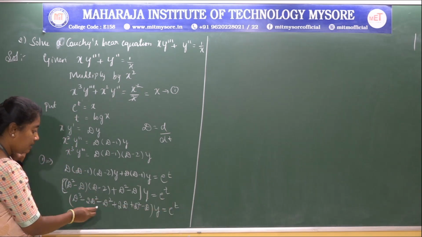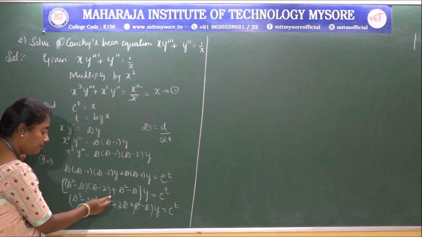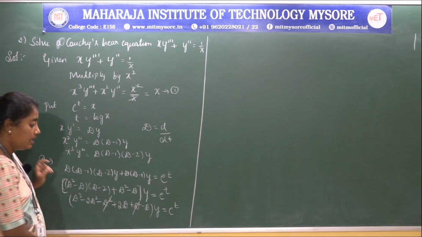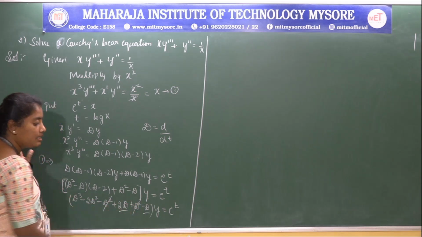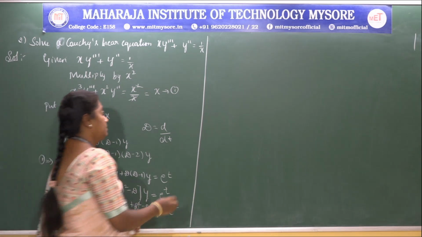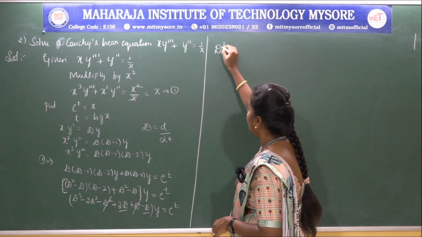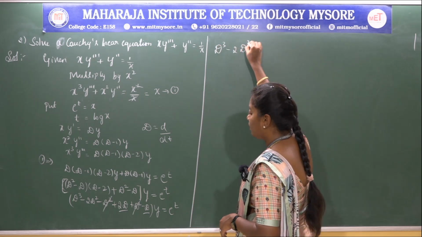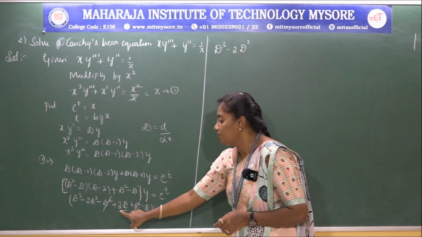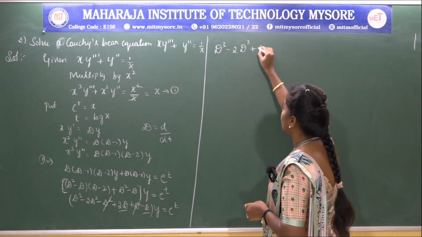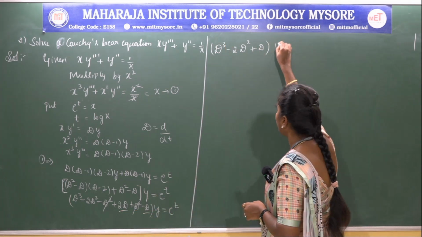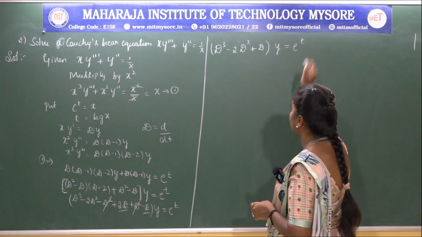The plus D square and minus D square get cancelled, and 2D minus D is equal to D. So this equation can be written as D cube minus 2D square plus D of y is equal to e power of t.